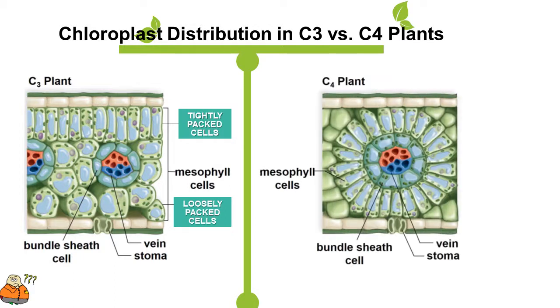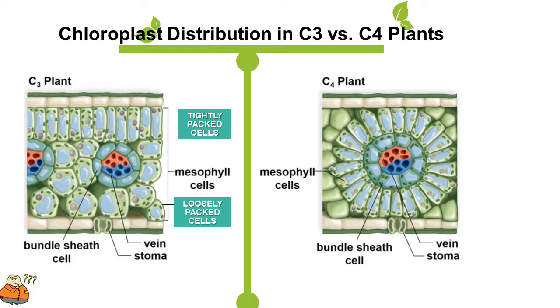Now let's take a look at the cross section of a C4 plant leaf. Remember what I said earlier, a C4 plant maintains a high concentration of carbon dioxide as a result of structural rearrangement in the leaf. Like the leaf of C3 plants, the C4 leaf also has upper and lower layers of epidermis cells and the stomata at the lower layer of epidermis cells. The different structure arises in the mesophyll cell layer, in which the vein, aka the vascular tissue in the center, is wrapped by the bundle sheath cell, and then the bundle sheath cells are wrapped by the mesophyll cells.